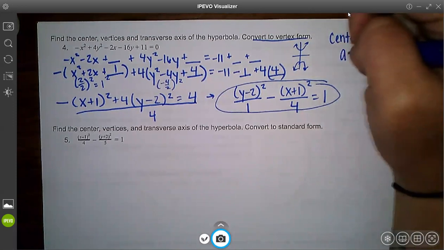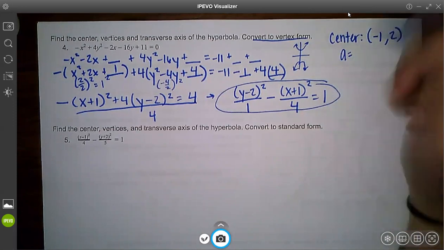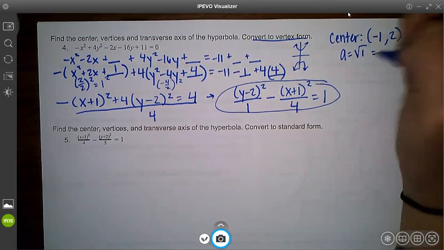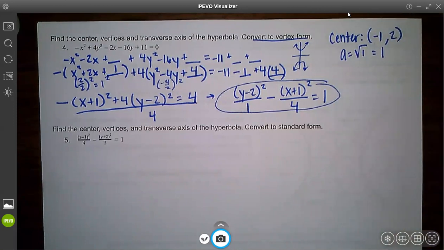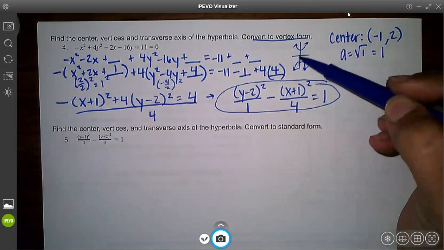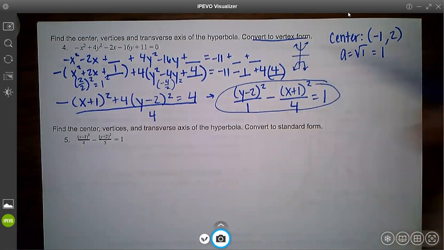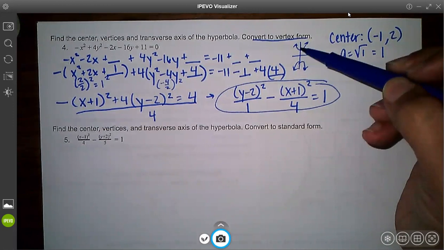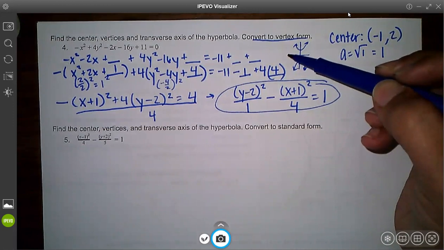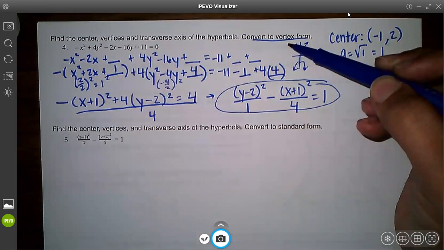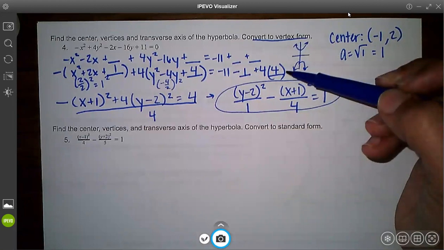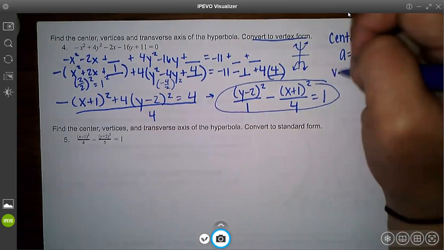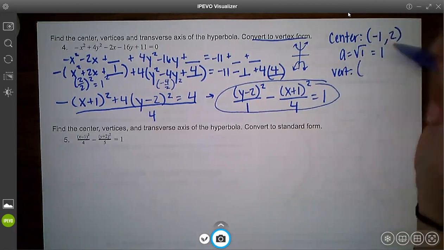Your A value, remember that's the positive 1. So we have a square root of 1, which is just 1. So since our center is negative 1, 2, and our transverse axis is going to go along with our y-axis, that means our vertices will go up 1 from our center and down 1 from our center. So my vertices will be negative 1.